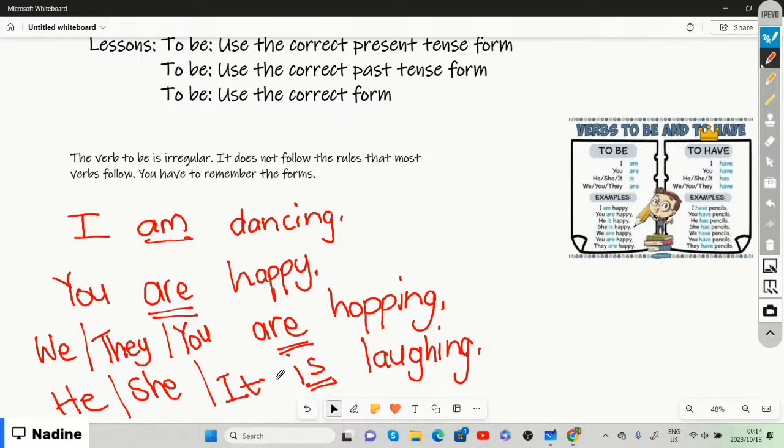And that is why we can say you are happy, but it also refers to more than one person doing an action. And if you're only referring to one person doing something, and then we say is, right? And that would probably be the same as you're asking, Miss, but why don't we say you is happy? That doesn't even sound the same, right? Because your wording also needs to sound correct as much as it must be correct.